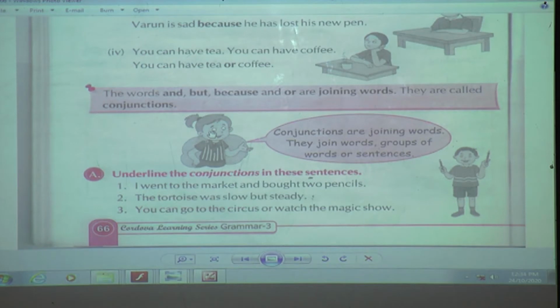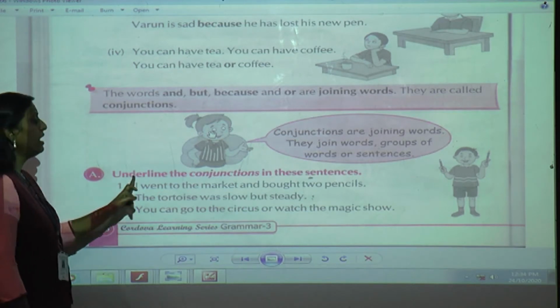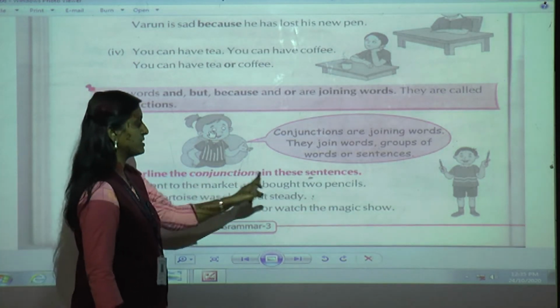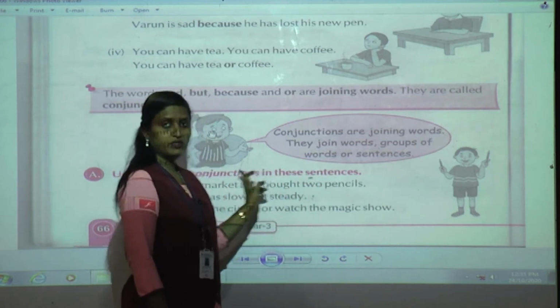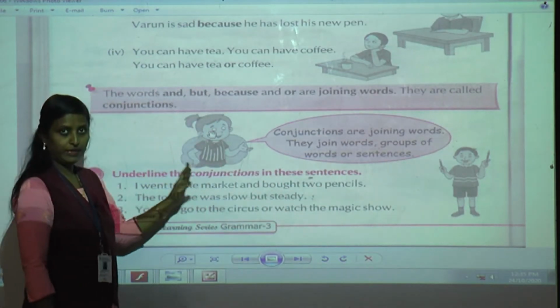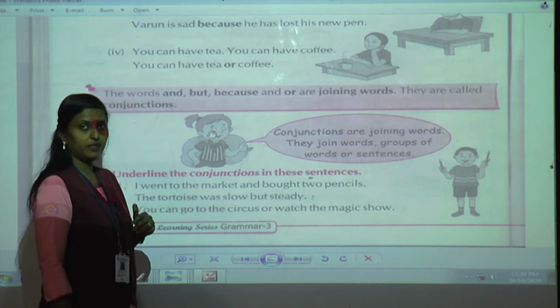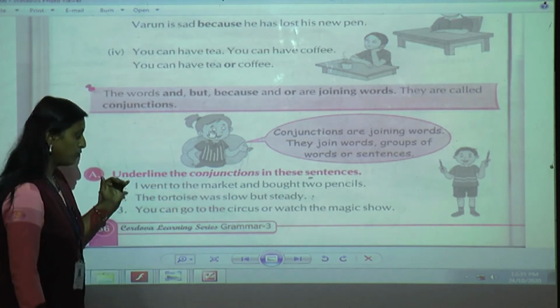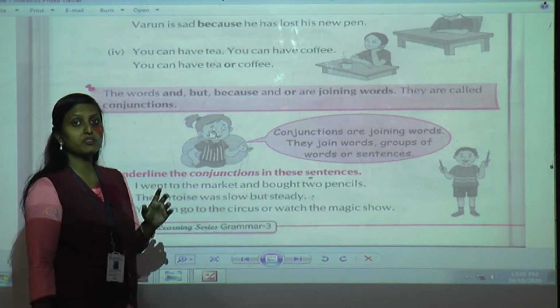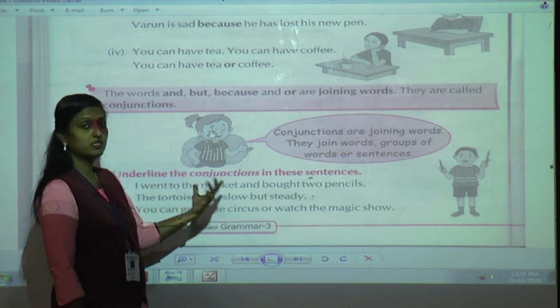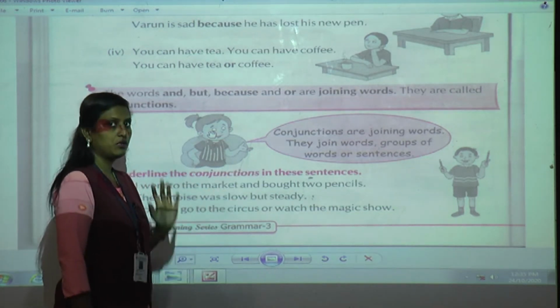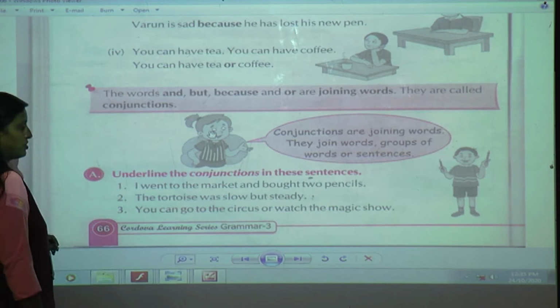Having pencil with you? Shall we start? Okay. So I'll start with exercise A. Underline the conjunctions in these sentences. So first you have to read the sentence, understand what it is telling, and then you have to see which word is joining the words or group of words or sentences. So shall I start, students?